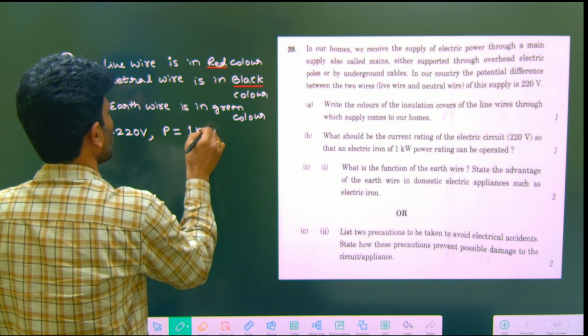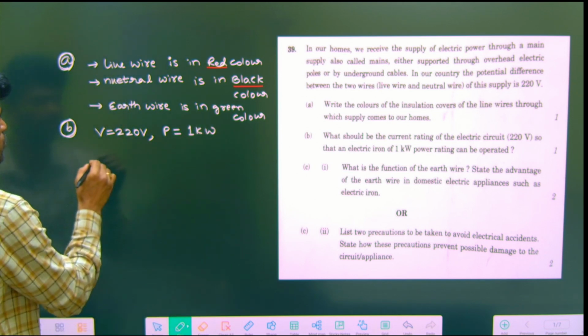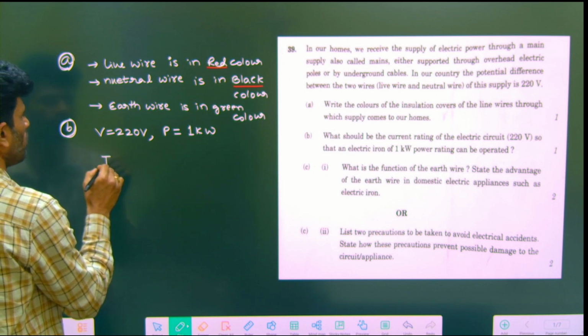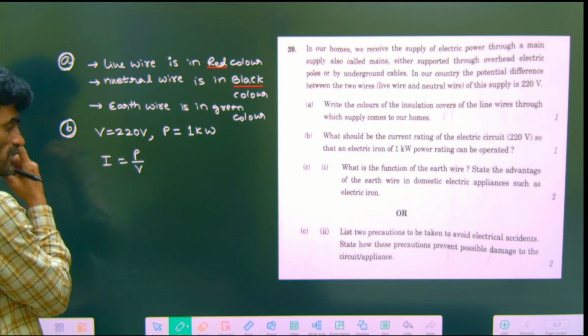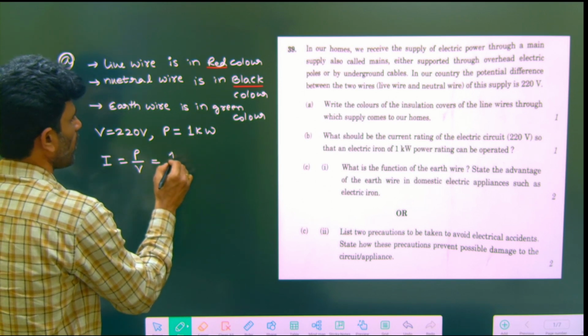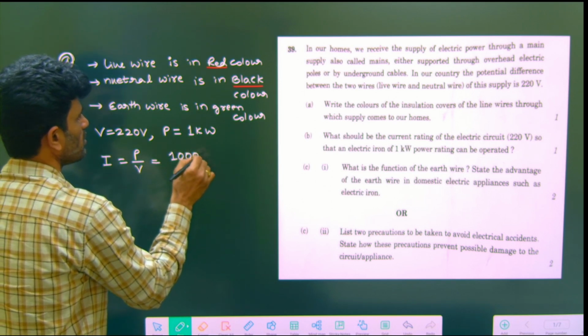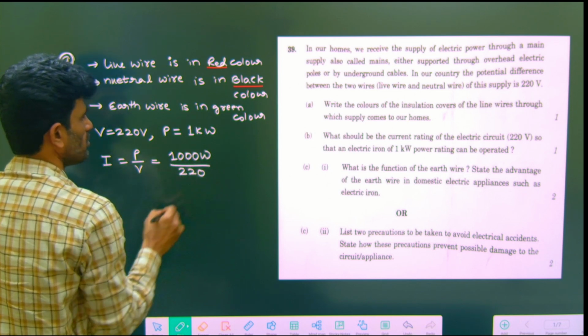Then what can be the current rating? To get the current, we have the formula I is equal to power by voltage, that is potential difference. Power is given as 1 kilowatt. 1 kilowatt means 1000 watt, divided by 220 volt. What happens?